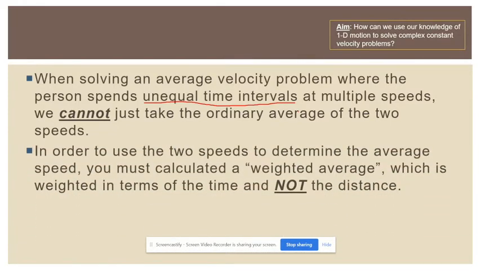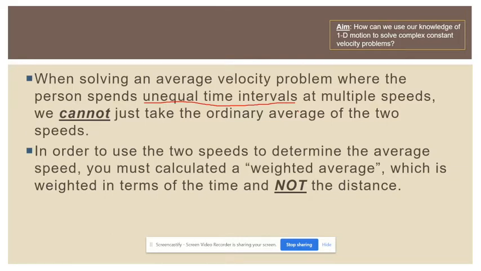In order to use the two speeds to determine the average speed, you must calculate a weighted average, which is weighted in terms of the time and not the distance.